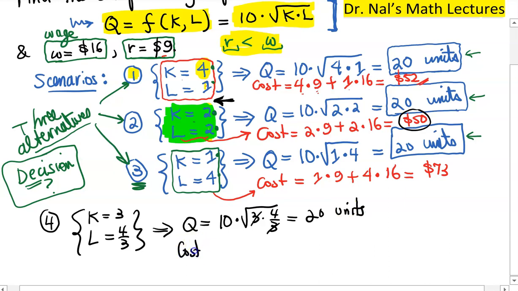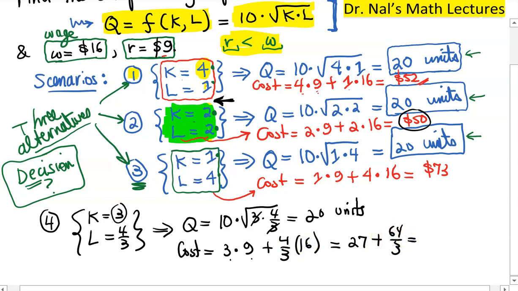Now, let's have a look at the cost of all this. Each unit of capital will cost us $9. So, 3 units times $9 each, plus 4/3 units of labor, and each one will cost us $16. When you multiply these out, 3 times 9 is 27, plus 16 times 4 is 64, 64 over 3.